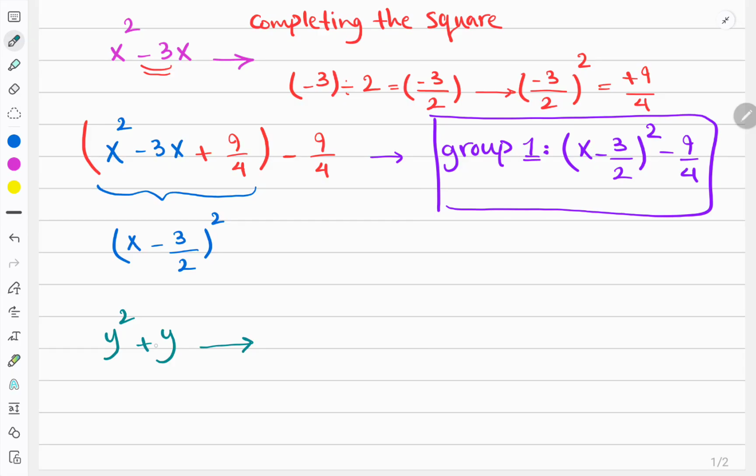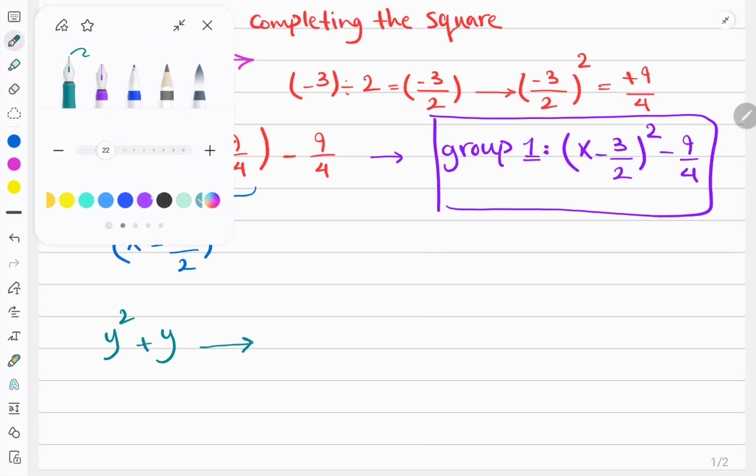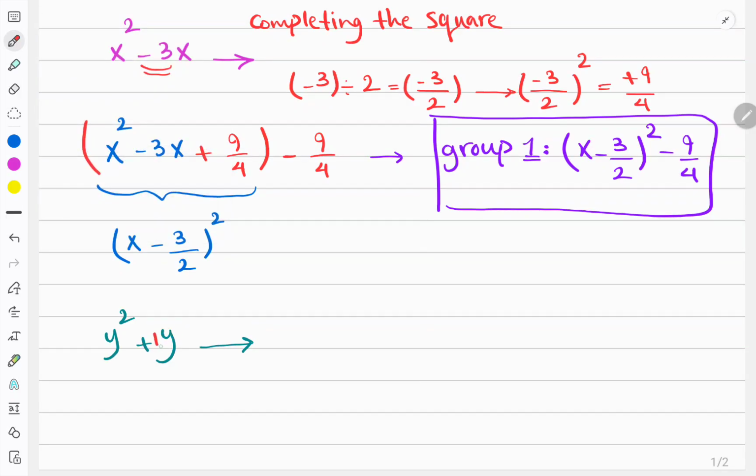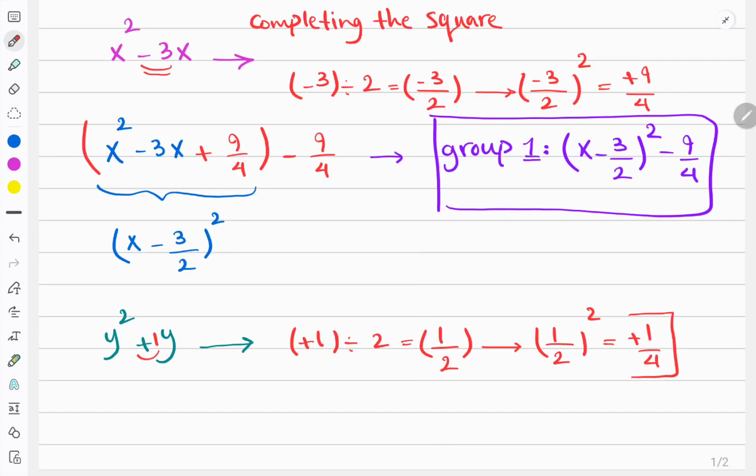So I'm gonna go for positive 1, which is the coefficient of y, and divide this by 2, which gives us 1/2, and then the square of 1/2 is positive 1/4. Like 9/4, I'm gonna add and subtract 1/4 to the equation.